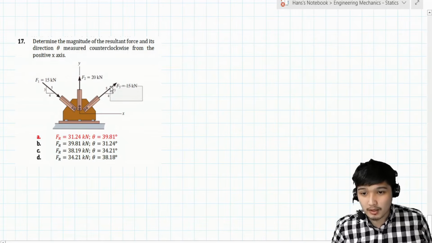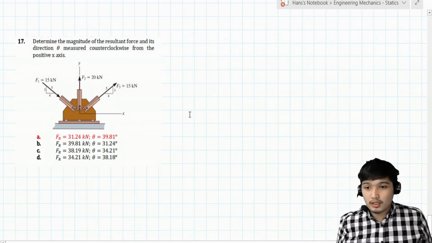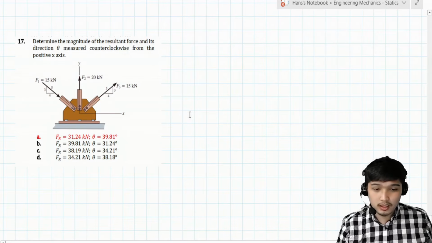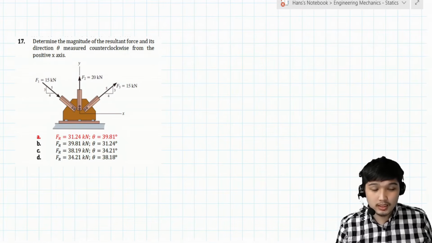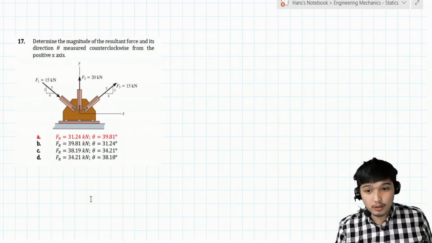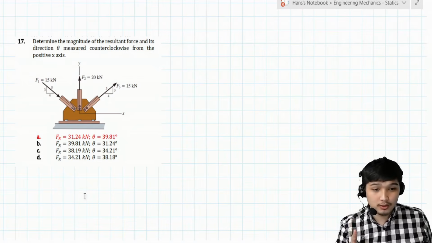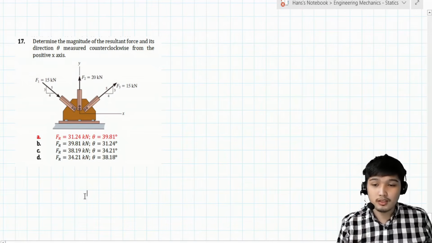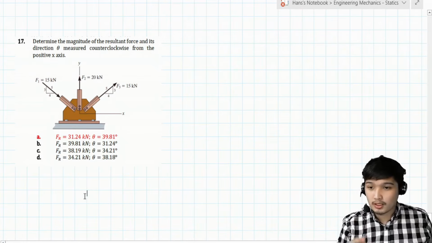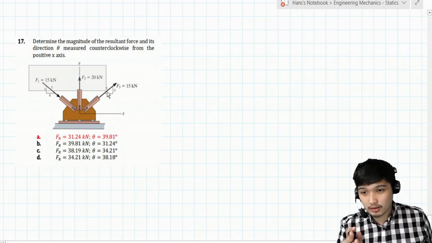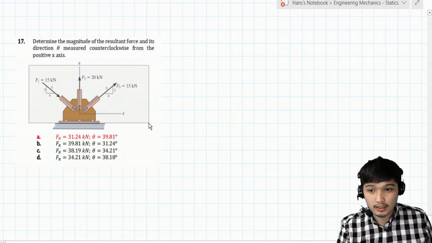Given tayo ng mga forces, F1, F2, and F3. I think I can utilize yung calculator na lang since one force lang yung unknown, yung resultant force. We just need to convert yung mga forces na given dito into its equivalent R angle theta.